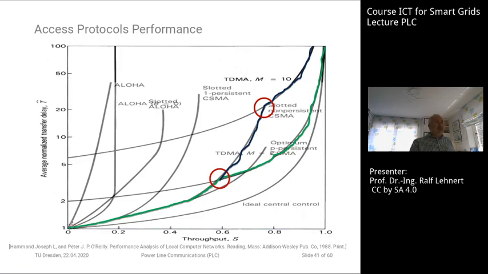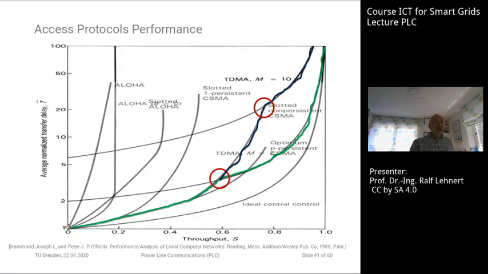We know that if we have a normalized throughput here and a normalized delay, normalized to the transmission time of a data packet, then in the case of low load, all systems are performing quite well.